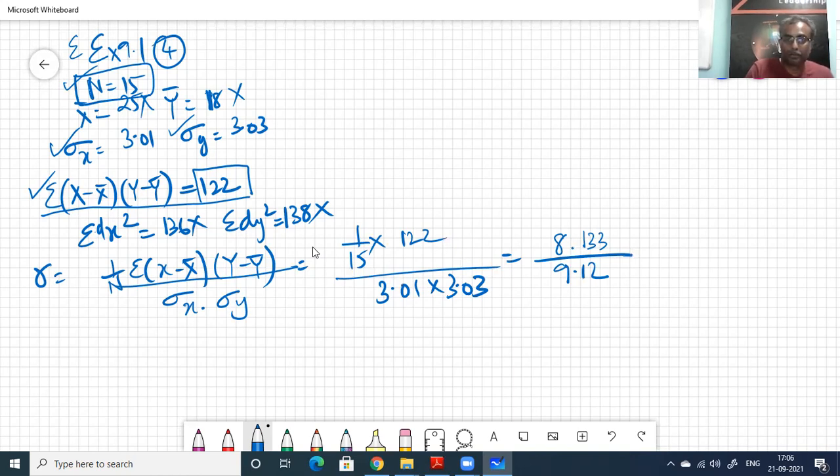That is equal to 0.89. That's the answer. So r is positive, a very high correlation coefficient, because it is almost 0.9. Okay, that's all you need to do. These fellows are giving all kinds of data in order to confuse you. It's a simple formula you take and you do that.